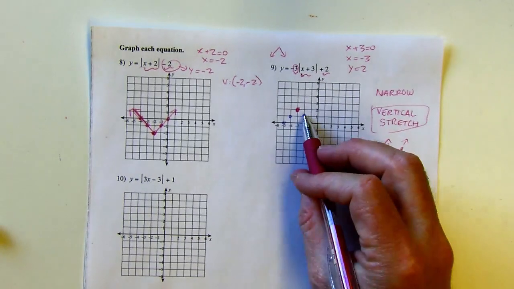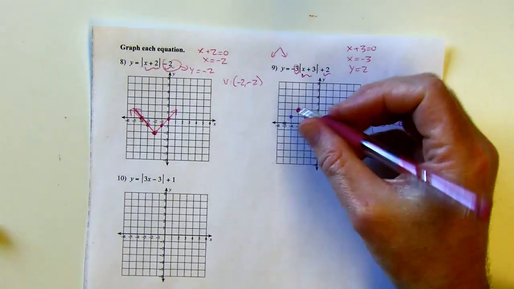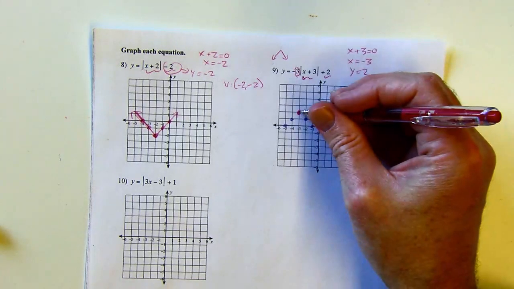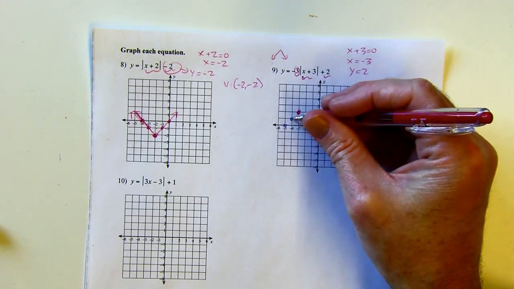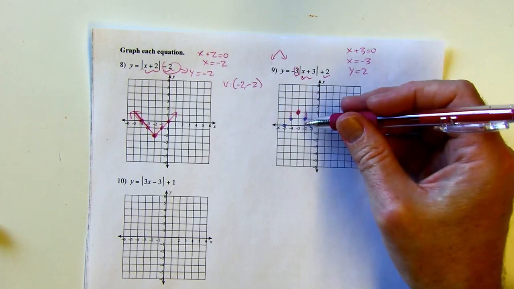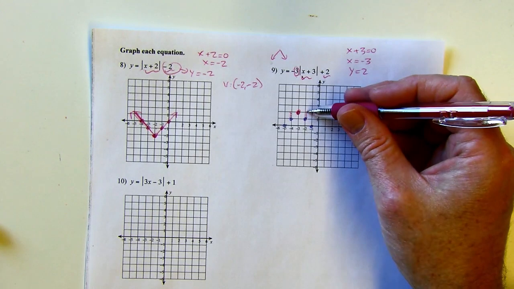But now I can look over here and I can say, okay, since that's 3, I'm going to triple the vertical distance these are from the vertex. So looking at this first set of points, it's 1 unit below the vertex. I want to triple that. So sometimes I'll see people go, okay, well, I'll triple that 3, so they count 3 down from here. No, count 3 from here.